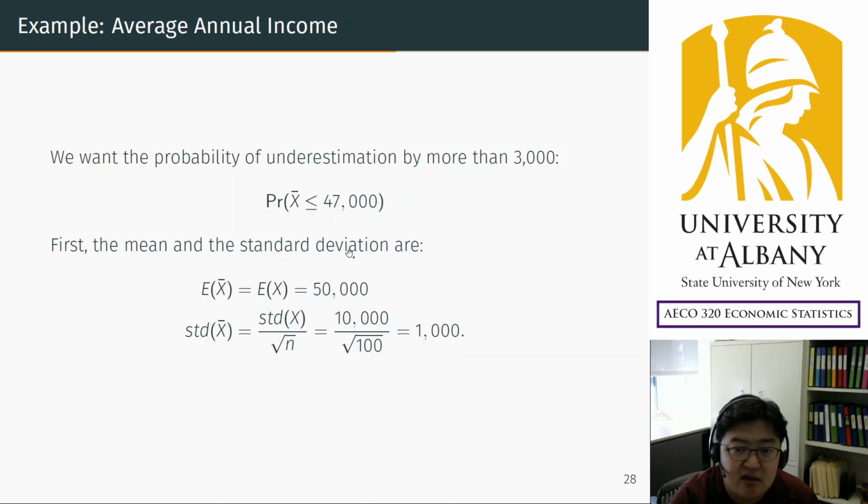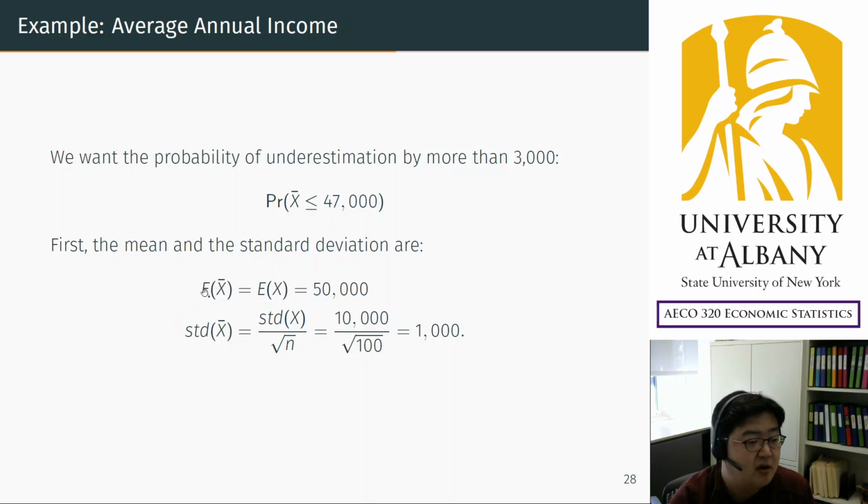That means, remember, we wanted to study the distribution of X bar. And we just calculated X bar's expectation and standard deviation. Because we know X bar follows a normal distribution approximately, these two can serve as its parameters.